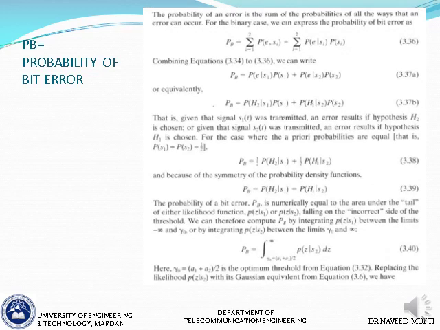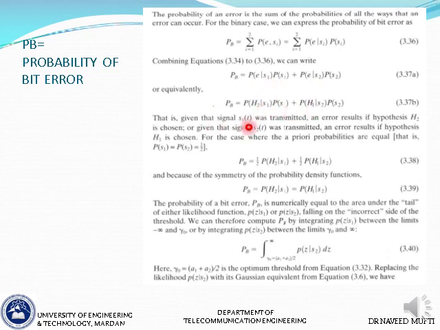For the binary case, we can express the probability of bit error as the sum of these two probabilities of errors. So substituting their equivalent values, that is what we get for the probability of bit error. And then in terms of hypothesis, this is the equation we get.